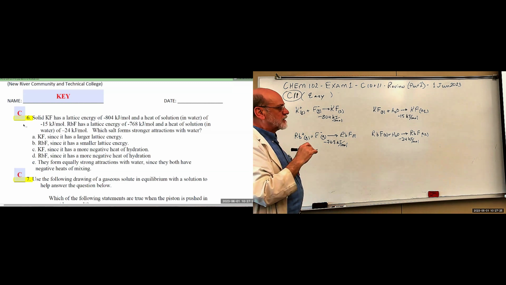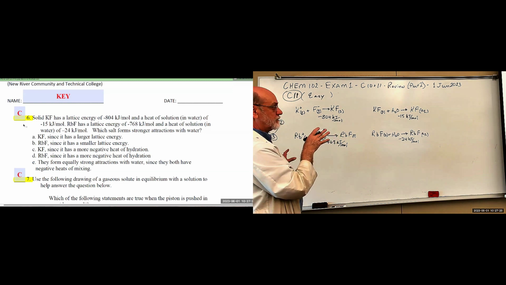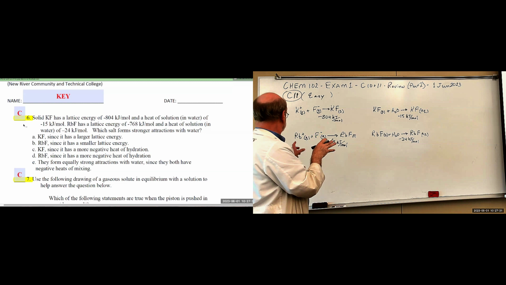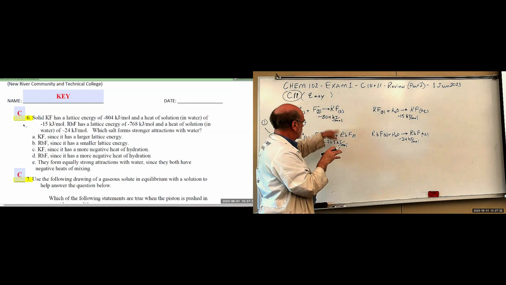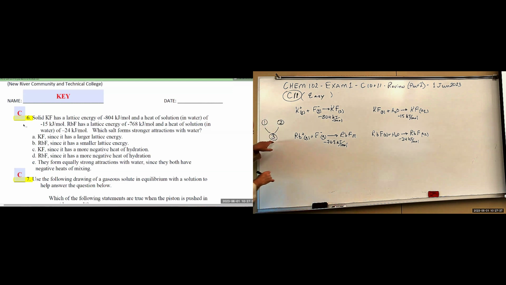What we're trying to say about these two compounds is which one has a stronger attraction to water, which one has a larger number 3, or which one gives up more energy when it does that.